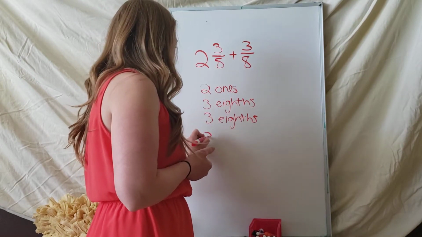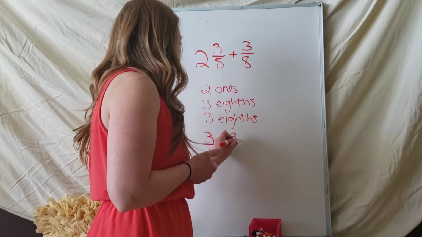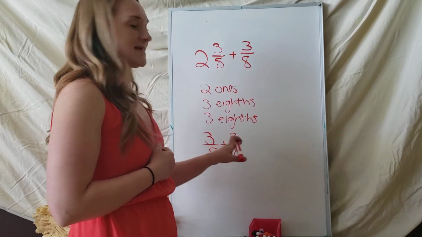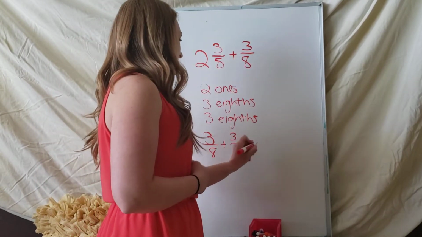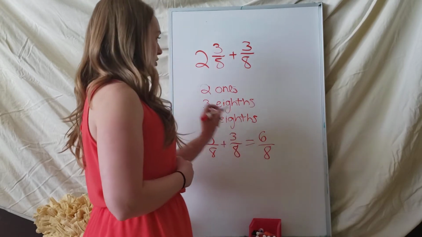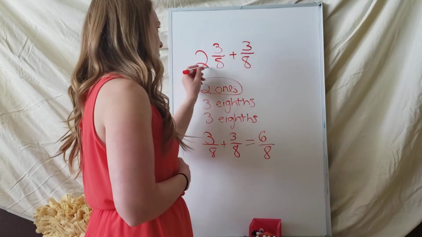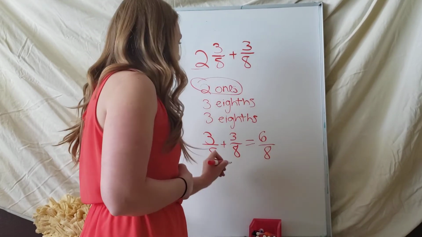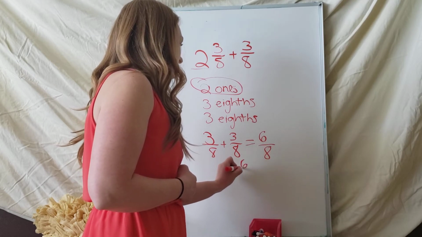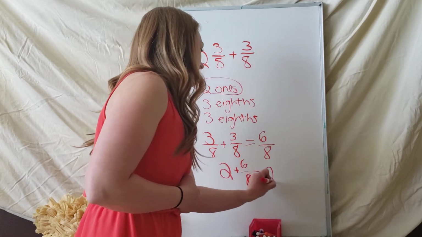So I can add the 3/8 plus 3/8. Again, these fractions have the same denominator, so I can just add the numerators together, which would be 6/8. Now if I go back, I have one more unit I need to add on, right? We can't just forget the 2 that we started with. So I have a whole number 2 plus 6/8, which is 2 and 6/8.